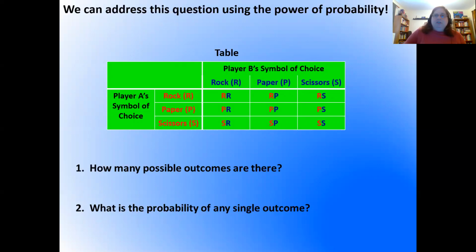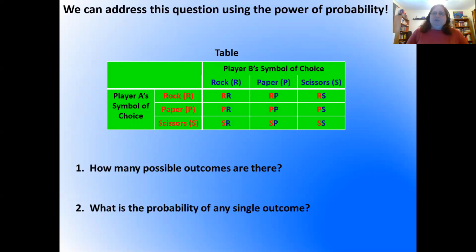In the top left corner, you see rock, rock, or RR, because they both threw a rock. Going across the top, you will then see rock, paper, and then rock, scissors. This is what's happening if player A threw rock and player B threw rock, paper, or scissors. Then in the second row you have paper, rock, paper, paper, paper, scissors. And in the third row, scissors, rock, scissors, paper, scissors, scissors.